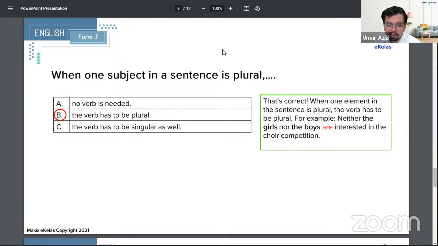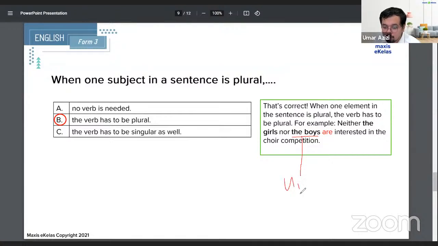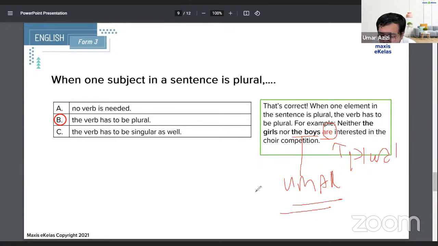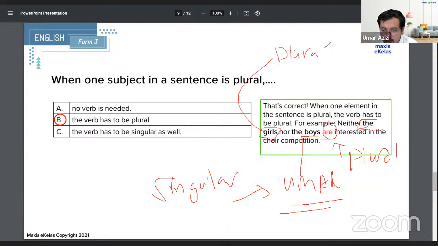If we switch, hold on, I want to make sure everyone understands this first. Neither the girls nor the boys. If we switch the boys to Uma, just Uma alone, so neither the girls nor Uma are interested. But teacher, Uma is singular. Why is it plural here? It's okay because the girls is plural, and the rule states that if only one thing is plural, then we use the plural verb, which is are.